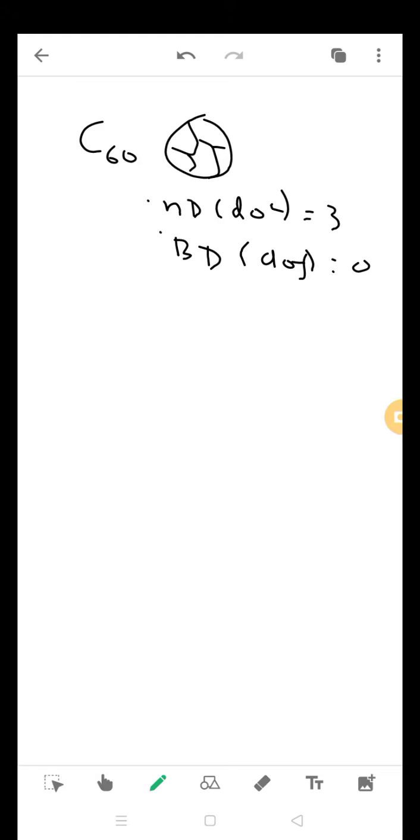Now let us try to understand the graphene sheet, because it is very interesting, and a lot of properties of graphene are being practically used nowadays. Let us first draw the graphene sheet once again. Hexagons.